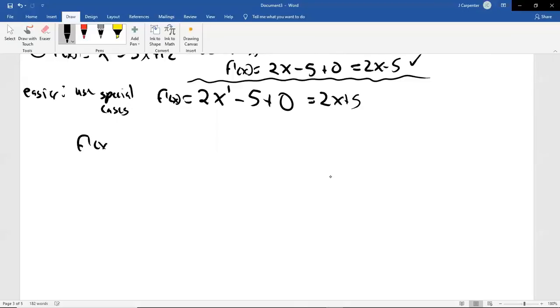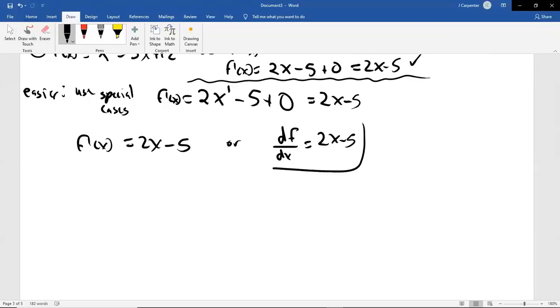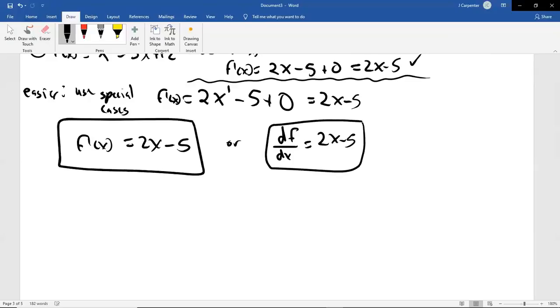So f prime of x is 2x minus 5, or df dx equals 2x minus 5. You need to get used to using the special cases because it's going to save you a lot of time and effort.